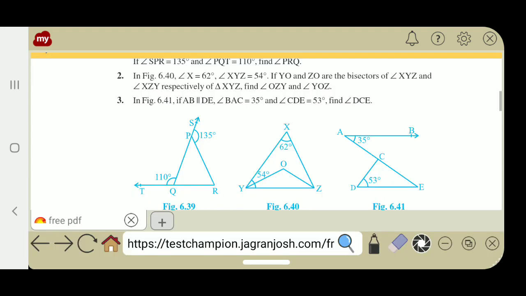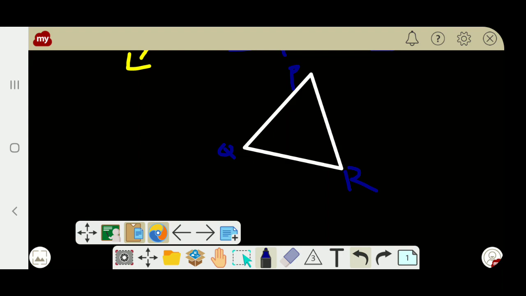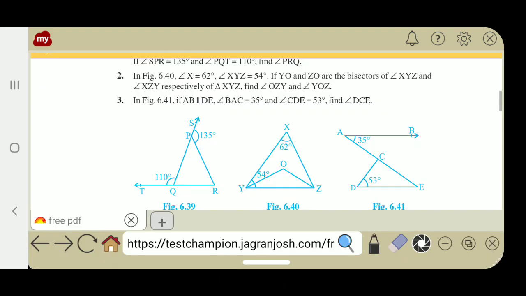Next, QR is produced to T, PQ is produced to S. So, this is the side QR produced to T and PQ produced to here, S. Two sides are produced. Next, what is the measurement given?